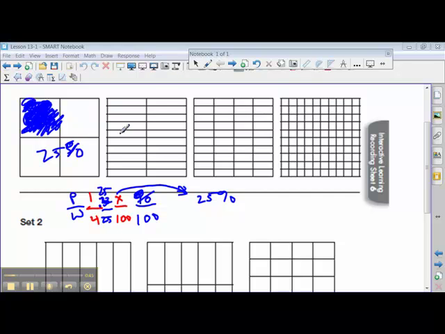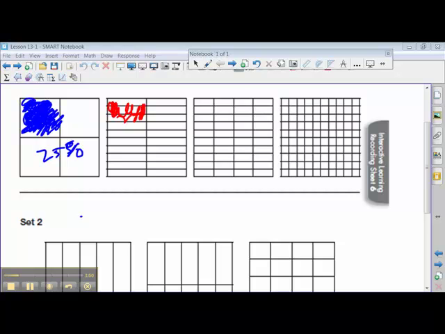So this right here is 25% of this block is filled in. And you can follow the same recipe for the rest of these. So let's fill in a couple of these blocks right here. We'll fill in 5 of these.